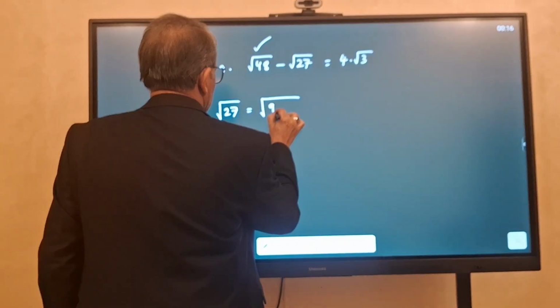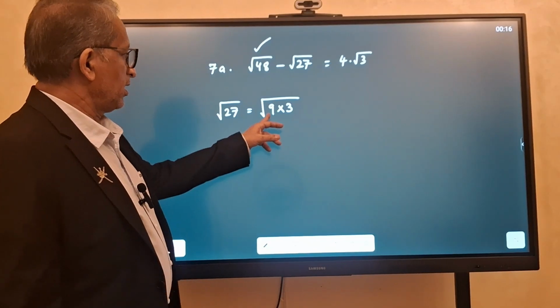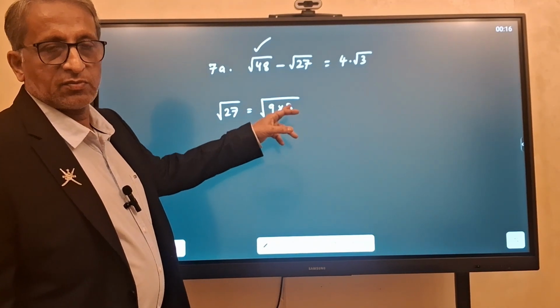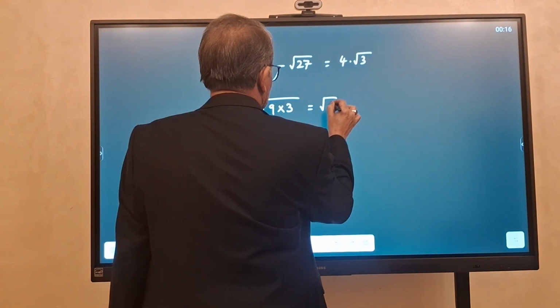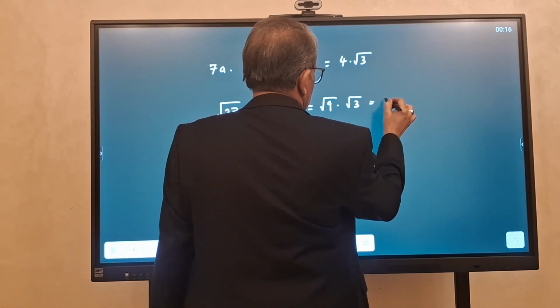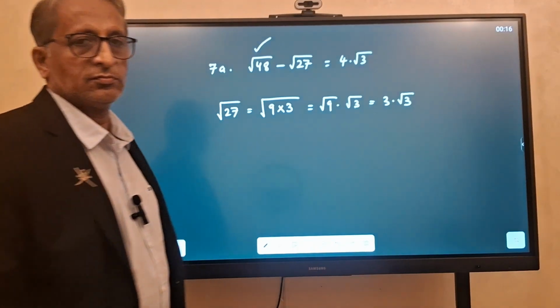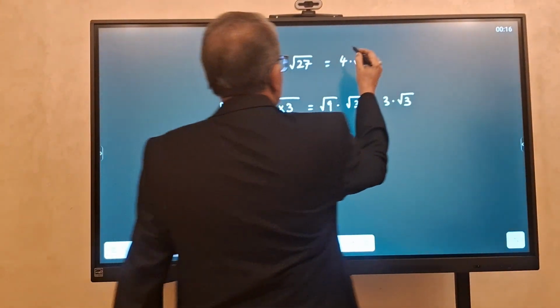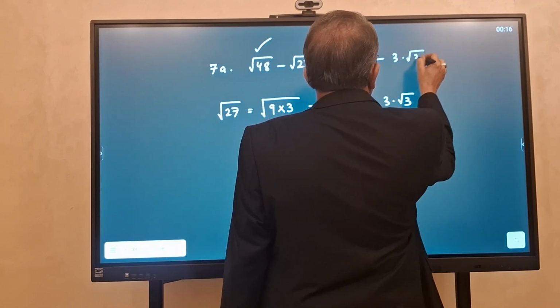That is 9 into 3, 27. 9 is a perfect square because 3 square is 9. Separate it: root 9, root 3. Root 9 is 3. It is 3 root 3. So write this minus 3 root 3.